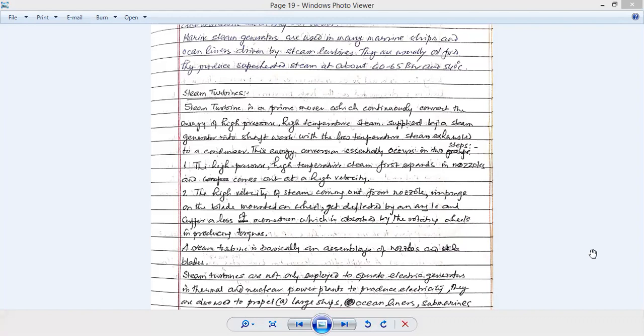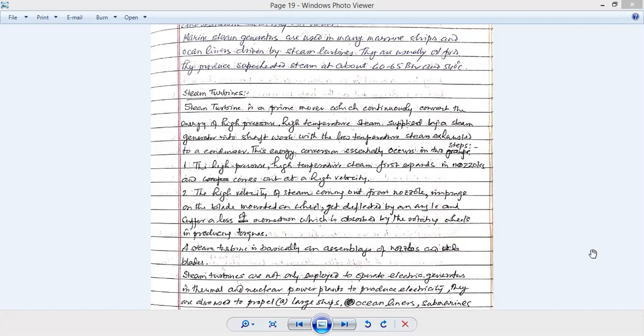Turbine blades have specific orientation, specific size, and specific profile, which resist the movement of the high velocity steam and thus absorb its momentum, causing the rotation of the wheel itself.